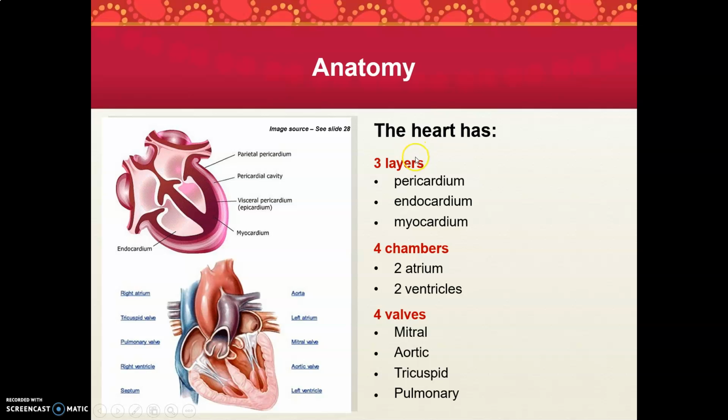Now, the heart has anatomically three layers. We have generally discussed only the pericardium. Now, we'll be discussing the other two layers also, which are the endocardium and myocardium. The pericardium, which is the outermost layer, is further comprised of two layers, the parietal pericardium and the visceral pericardium.